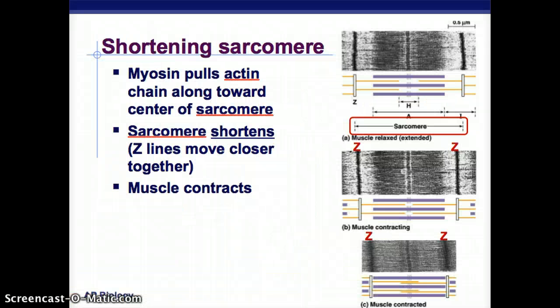So the myosin pulls the actin chain along toward the center of the sarcomere. The sarcomere then shortens, so the Z lines, the lines on either side of the sarcomere, here and here, move closer together, and that means the muscle contracts.